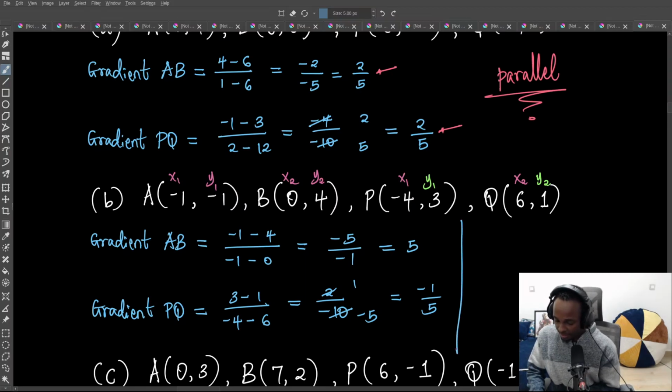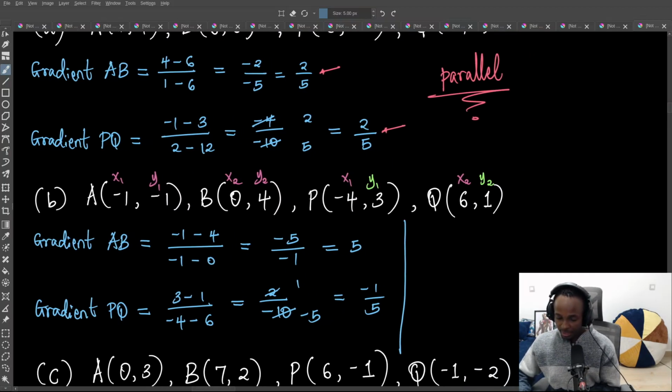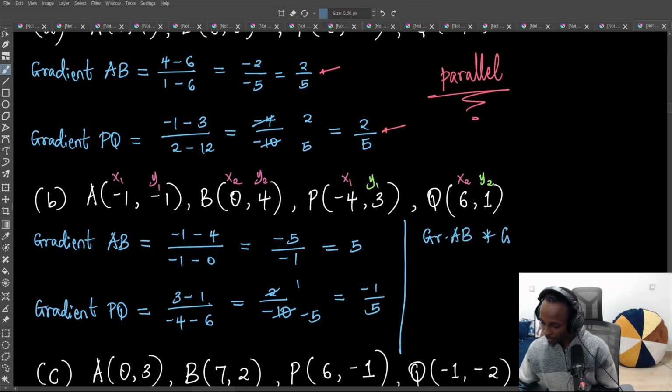And then if we take the gradient of AB multiplied by the gradient of PQ, so we just write the gradient of AB times the gradient of PQ.